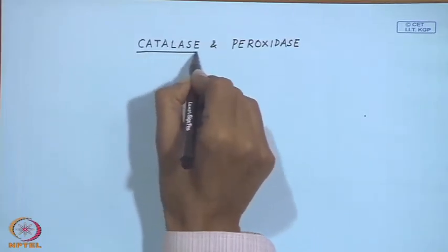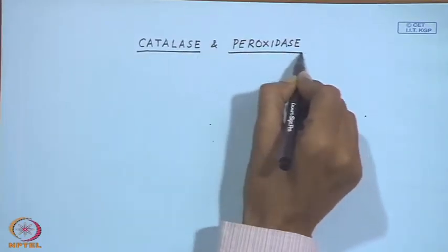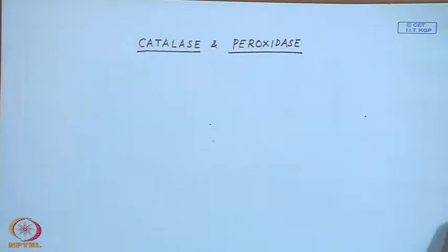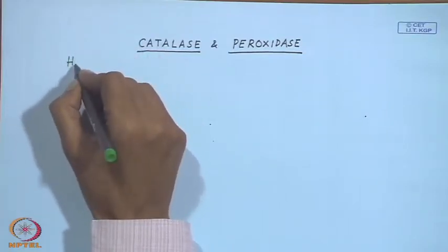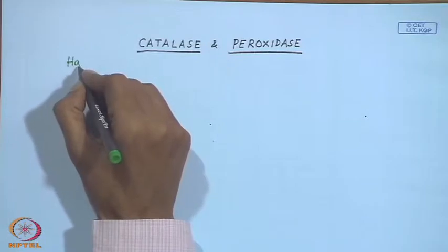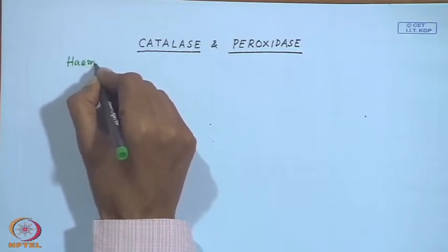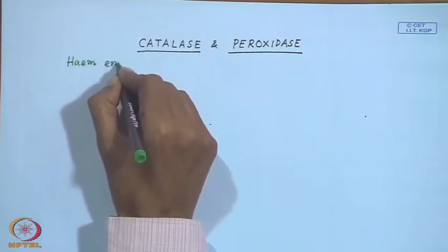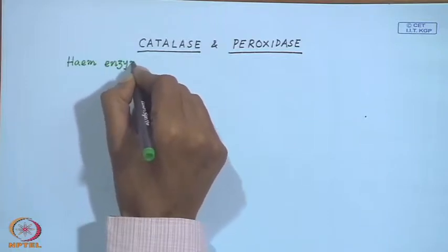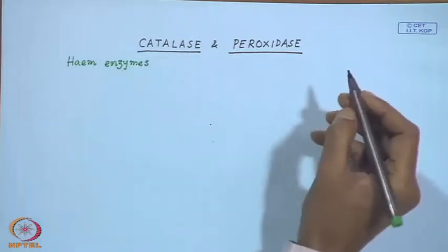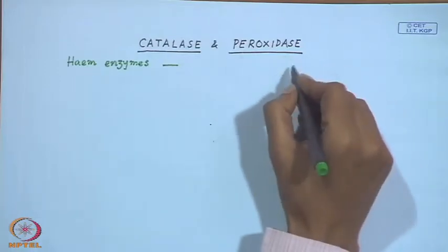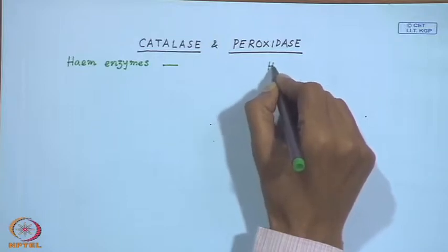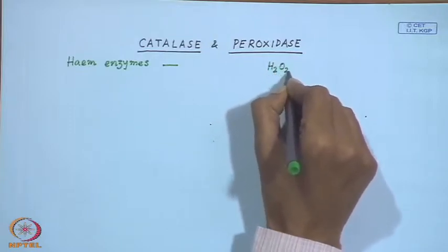So, still we are sitting on the heme enzymes. We have in our hand the only example we are talking so much about, the heme enzyme. So, they are also definitely heme enzymes, and now we will bring into the picture the involvement of H2O2.